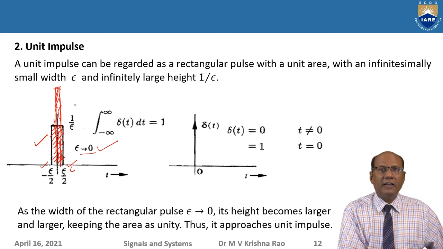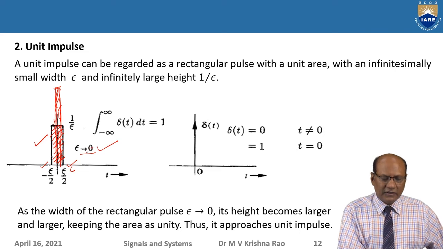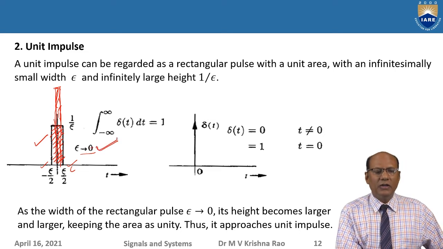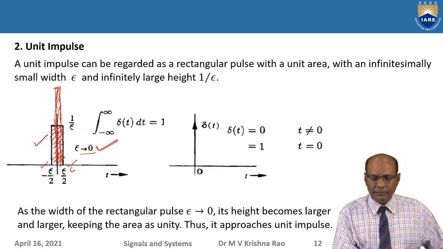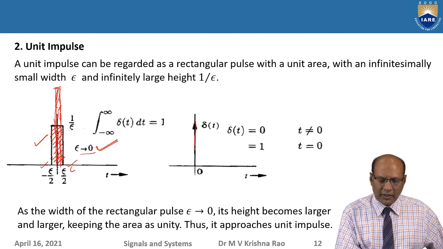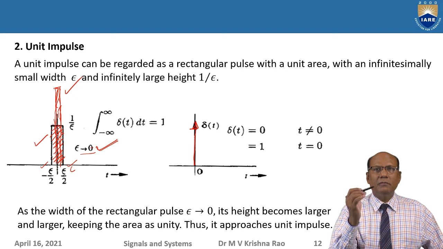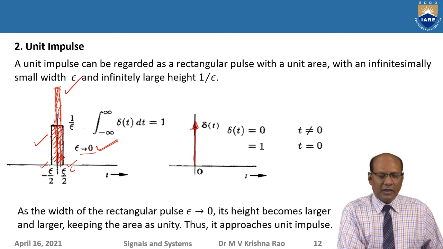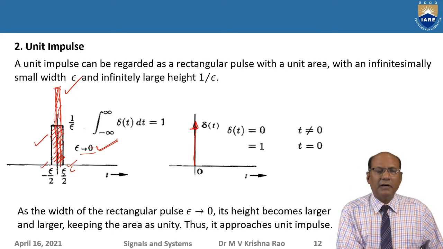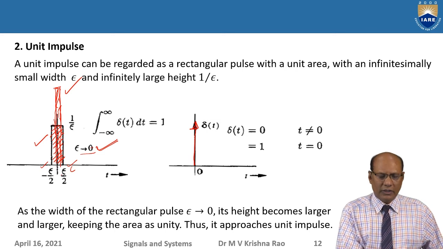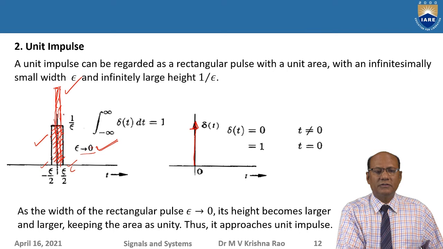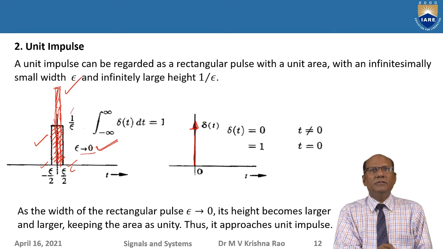What happens here? When the width approaches 0, this kind of function takes the shape of a straight line. That is the shape I am showing here. I cannot show the height of this one because it will become very large. The height will become very large, the width will become almost 0, and the area under this curve is again unity.